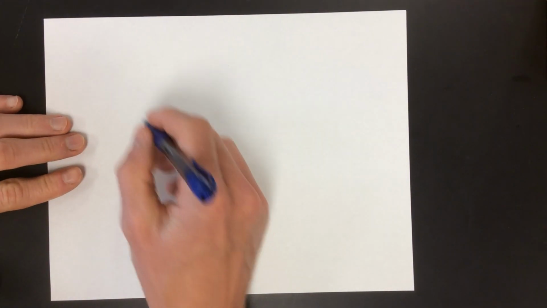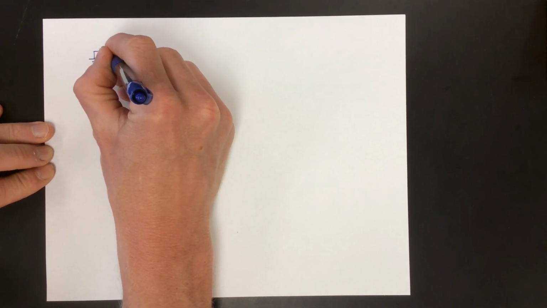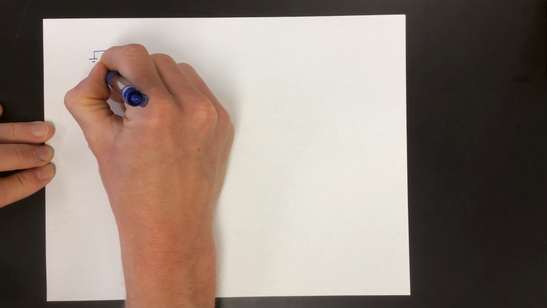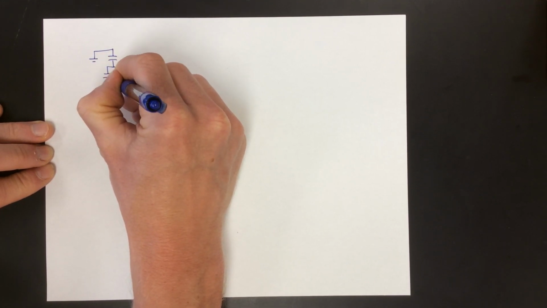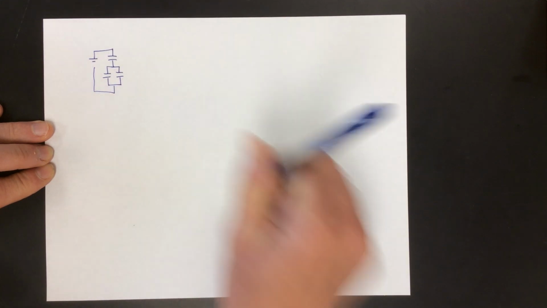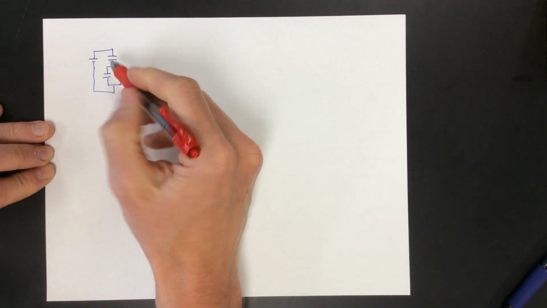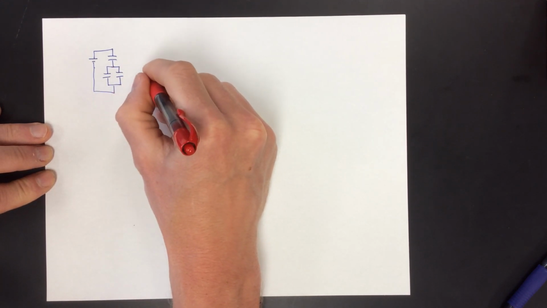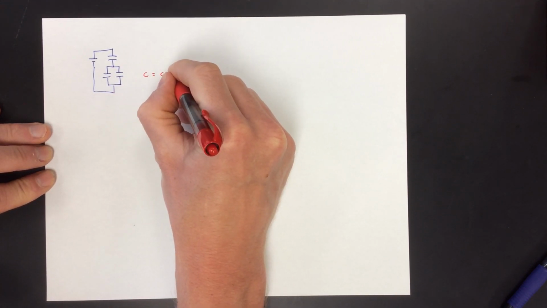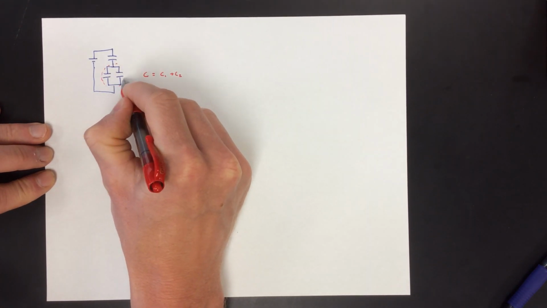We can certainly do them in different combinations. So we could look at something like this. These two are in parallel with each other, and so this capacitance is just C1 plus C2, and that is its own capacitance.